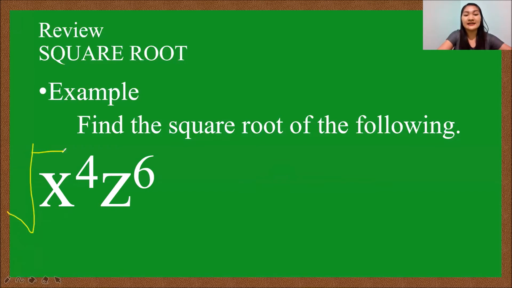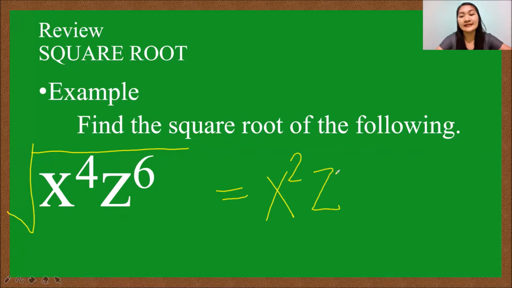Let's get the square root of this monomial. We have the same process, divide 4 by 2 and divide 6 by 2. So the square root of x raised to 4 and z raised to 6 is x squared z cubed.